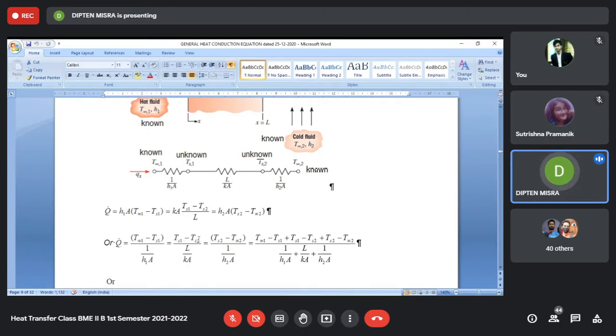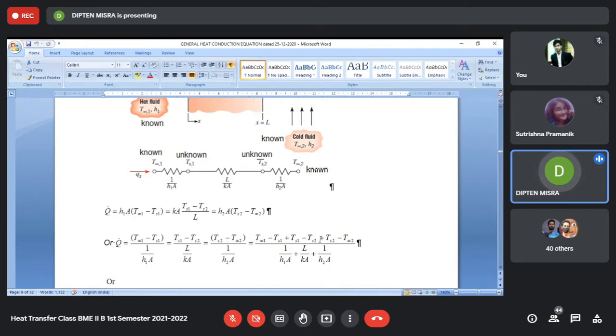Similarly, when you add these two, this TS2 will cancel, because they are the troublemaking terms, whose values we do not know. But the moment TS1 and TS2 are cancelled, what remains is the known free stream temperature T infinity 1 and the other known free stream temperature T infinity 2. The so-called unknowns TS1 and TS2 have now self-cancelled within themselves.